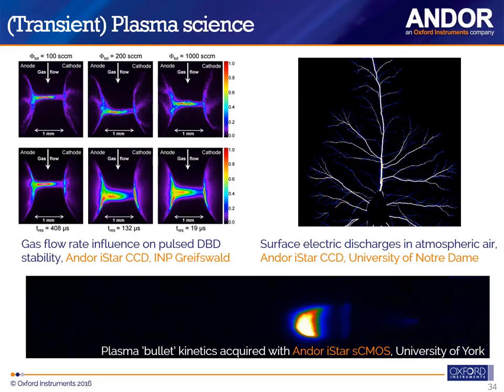The second one on the right-hand side looks at the surface electric discharge in atmospheric air. It's a snapshot of these streamers, if you want, taken at University of Notre Dame. The last one, which we've seen on the previous slide, is a kinetic of a plasma bullet acquired at University of York with one of the sCMOS technology, and basically being able to sample in time over many iterations the behavior of the plasma and reconstructing that through a little movie like that.